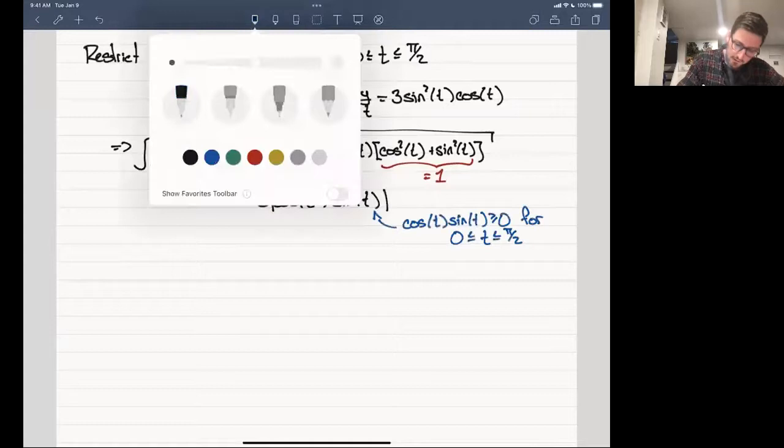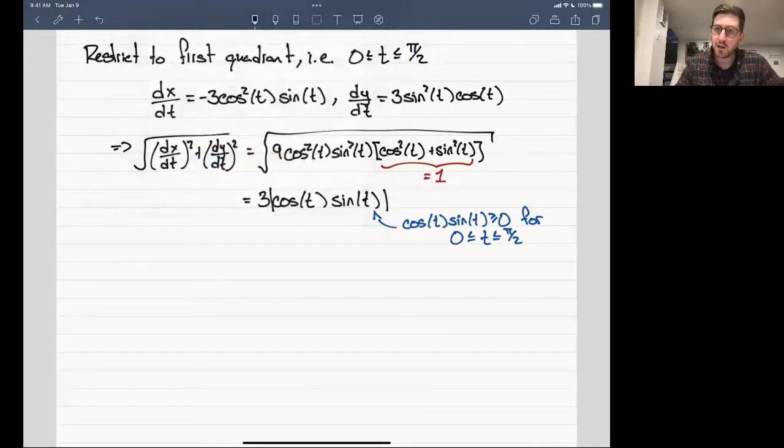So you were thinking to yourself while you were watching this, what was the point, right? I can just trace this thing around. I can go from 0 to 2 pi, but I had the foresight of having done the problem before presenting it to you. And so I knew that I didn't want to deal with absolute values. And so I can just restrict myself to the top quadrant.